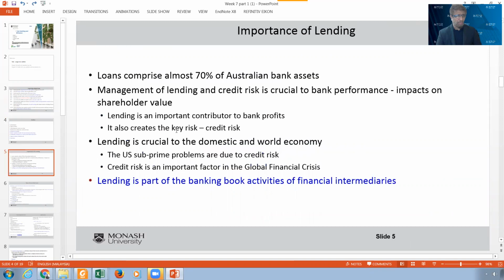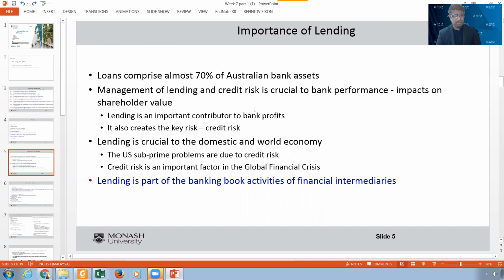So let's go to the importance of lending. Loans are very important in the balance sheet of any bank. In Australia, 70% of total assets come from loans.